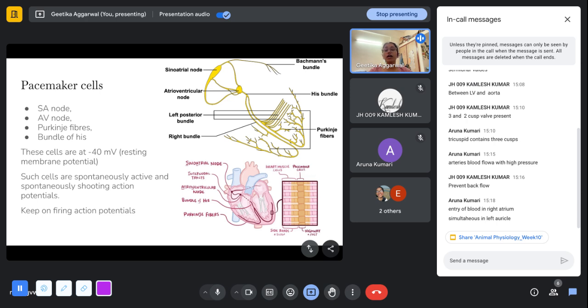That is why they are able to spontaneously shoot action potentials. They are active and they can keep firing these action potentials. They do not need an external signal to help them fire an action potential. So, this is the importance of the different pacemaker cells.